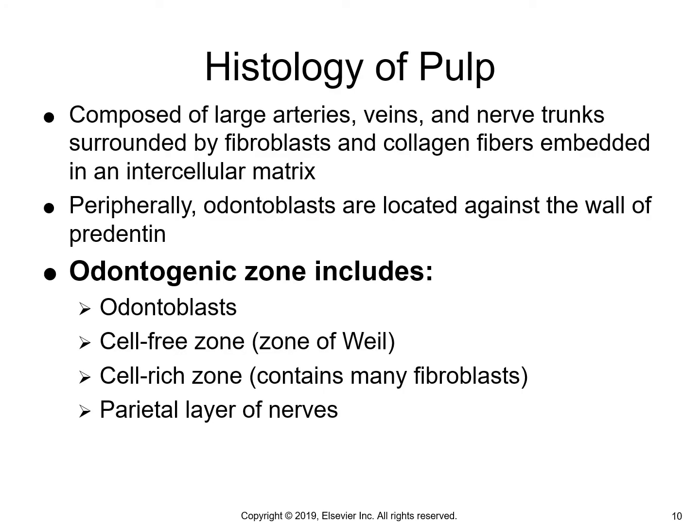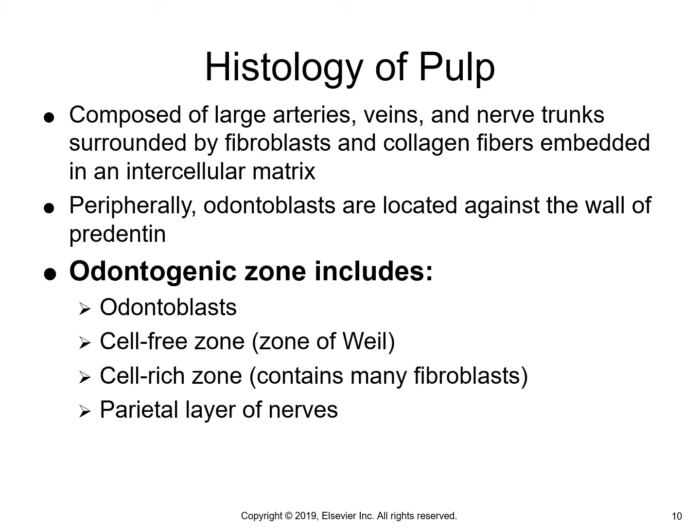So the histology of pulp, it is composed, like I said, of arteries, veins, and nerve trunks. So we have a blood supply there. It's surrounded by fibroblasts and collagen fibers that are embedded into that intracellular matrix. Peripherally, odontoblasts are located against the wall of that predentin.